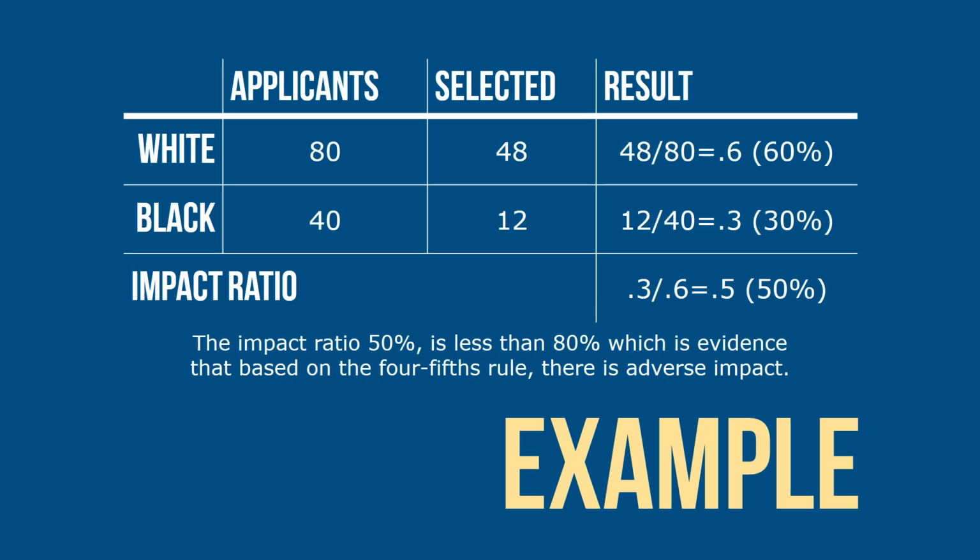The impact ratio then is 0.3 divided by 0.6, which equals 0.5, or 50%. The impact ratio of 50% is less than 80%, which is evidence based on the 4/5 rule that adverse impact exists. You can use this table and these simple steps to develop your own analysis of whether adverse impact exists in a disparate impact case.